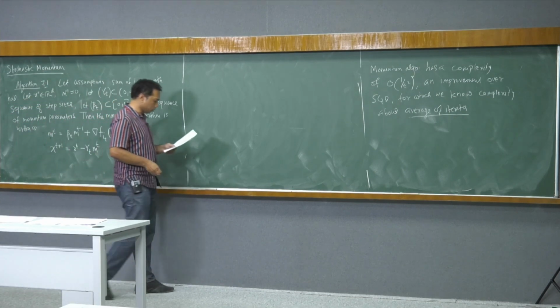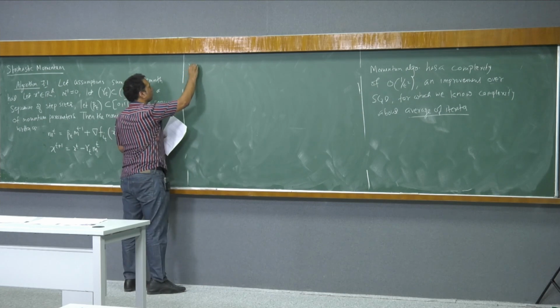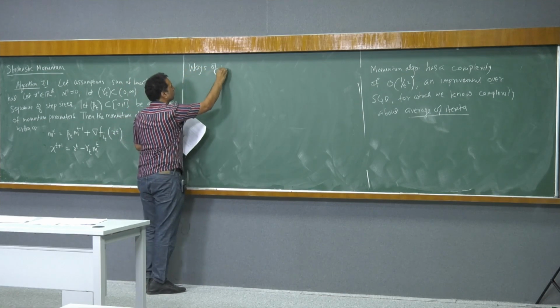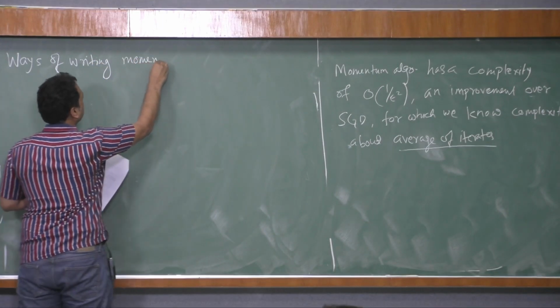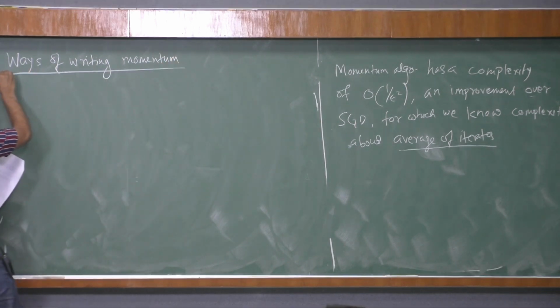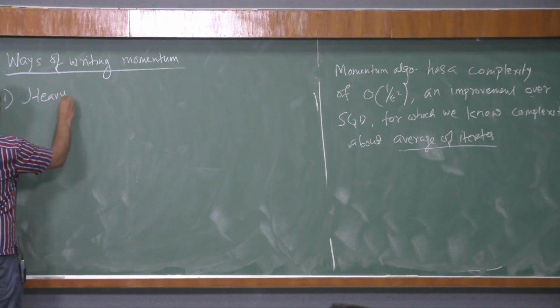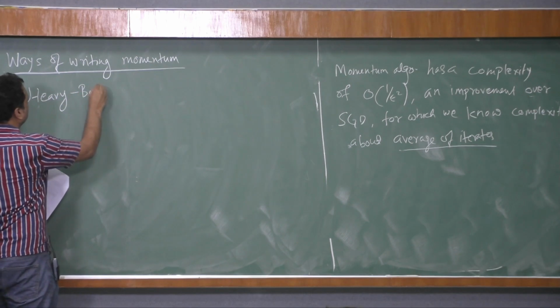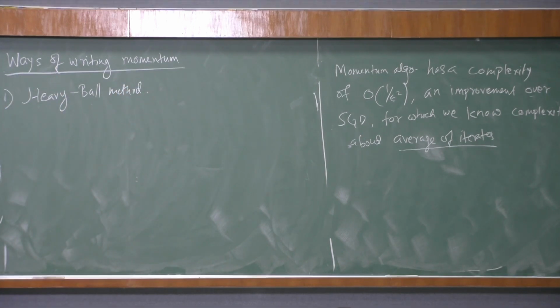The first one is called heavy ball format. Another one is iterated averaging. They are all equivalent basically.